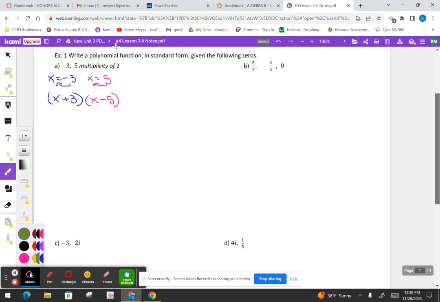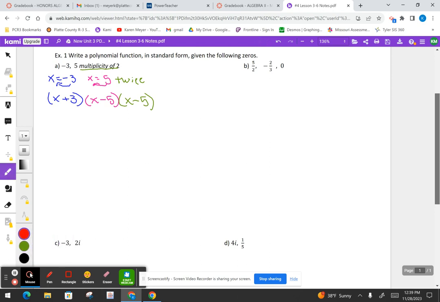And then this multiplicity of 2 means that this counts twice. So if it counts twice, you're going to write another parentheses down of x minus 5.